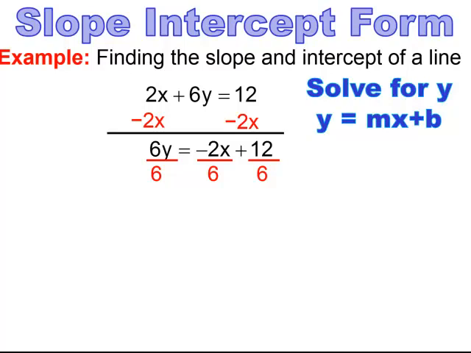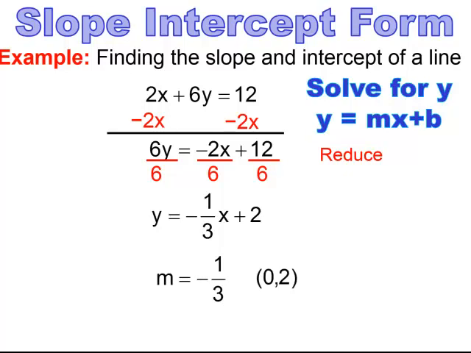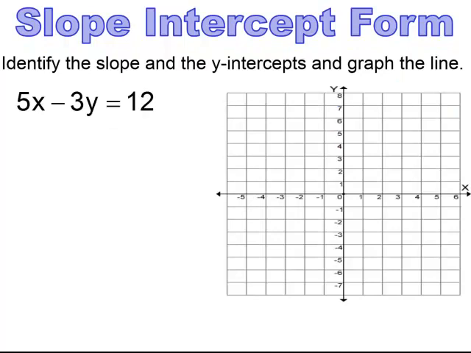So I'm left with y equals -1/3 x plus 2. I reduce the -2/6 to -1/3, and I reduce the 12 divided by 6 to 2. Now I can identify my slope is -1/3, and my y-intercept in this case would be (0, 2).